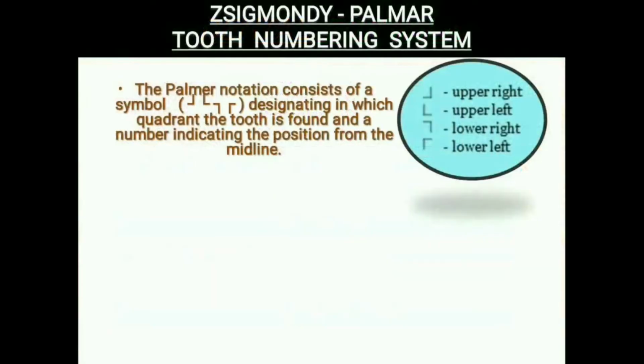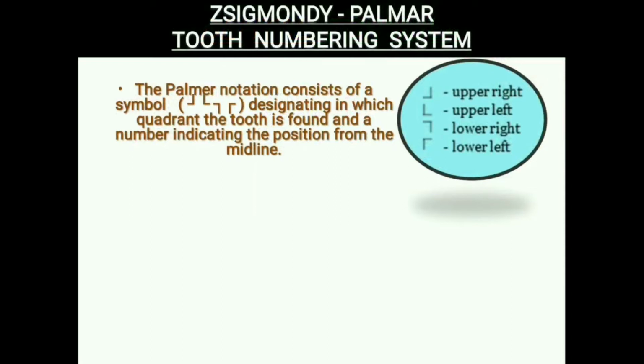Coming to various tooth numbering systems. First was the Zsigmondy-Palmer tooth numbering system, which was invented by Adolf Zsigmondy in the year 1861 and by Palmer in the year 1870. Combined, it is now known as the Zsigmondy-Palmer tooth numbering system.